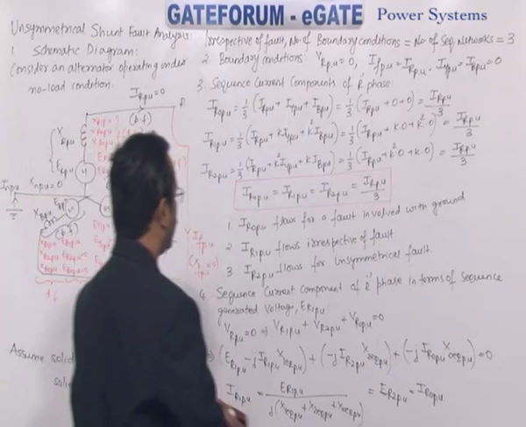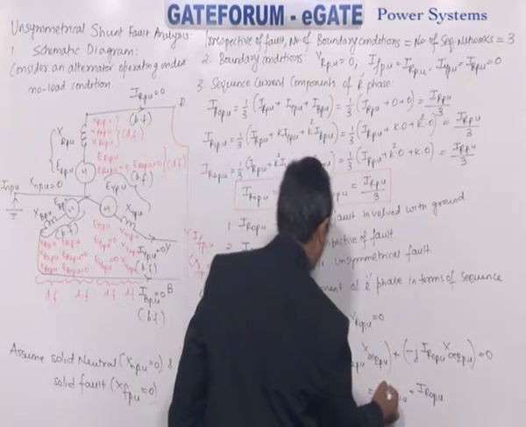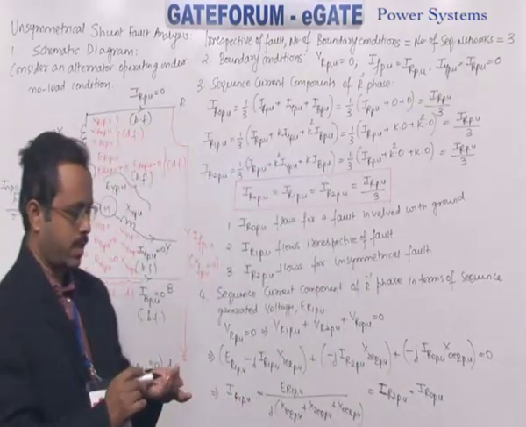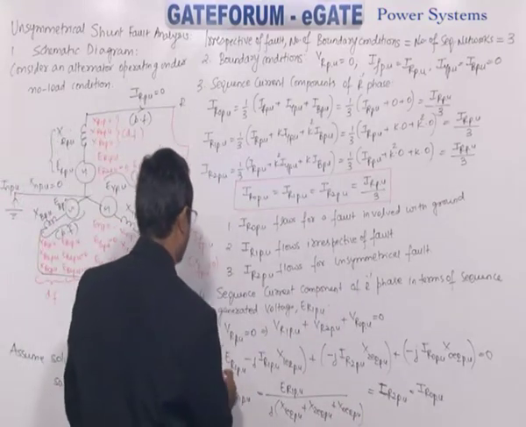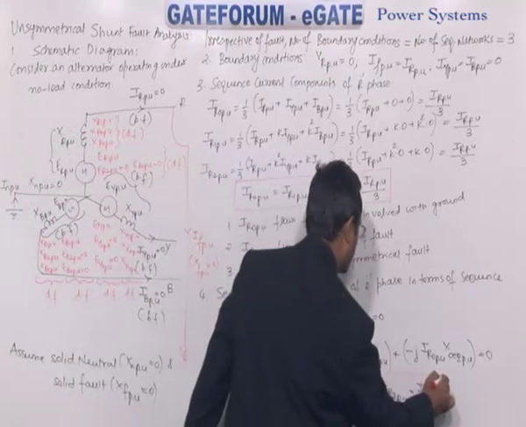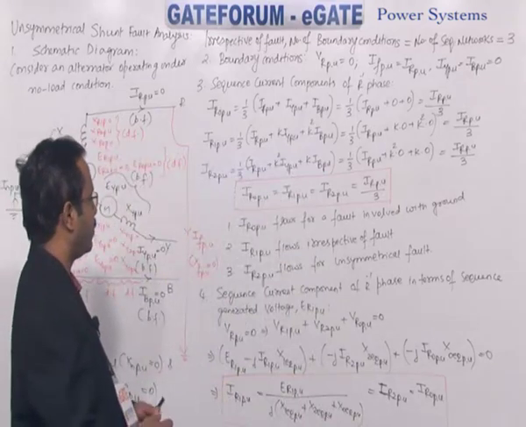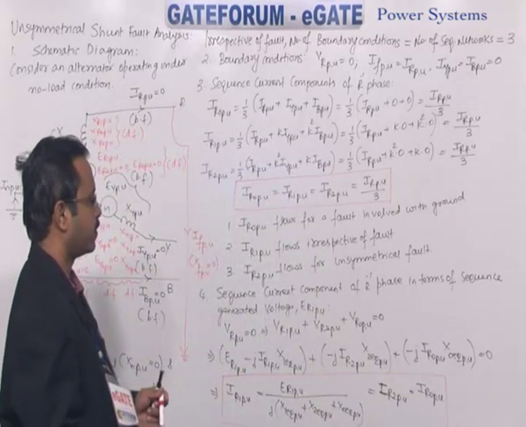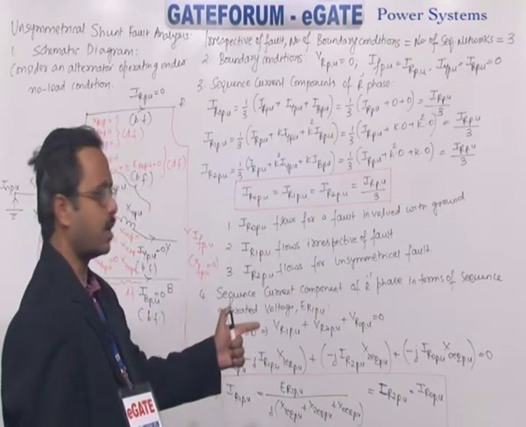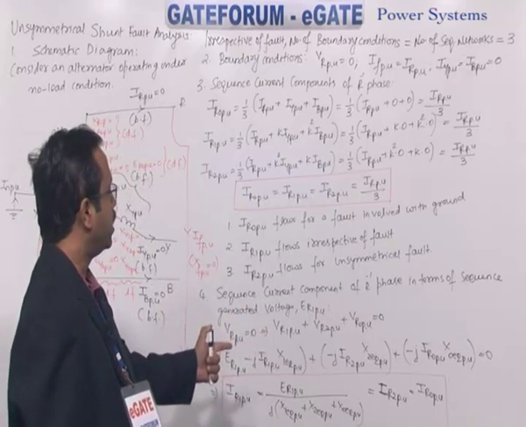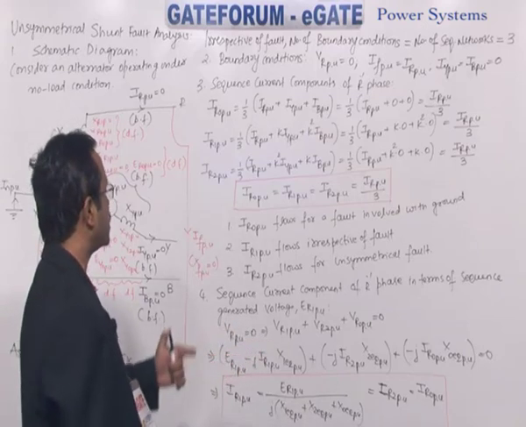So this is how you find out the sequence current component in terms of the sequence generated voltage. So IR1, IR2, IR0 all are equal to ER1 by the sum of the three equivalent per unit reactances.